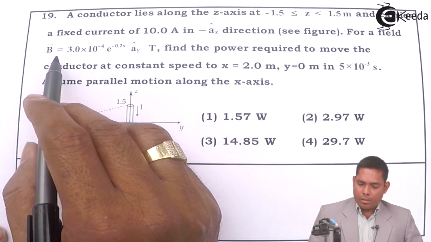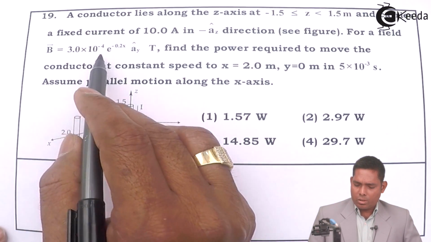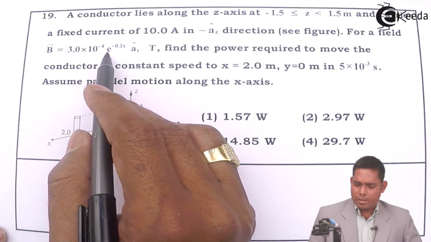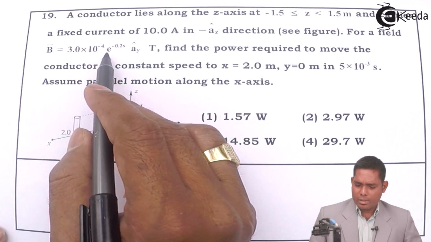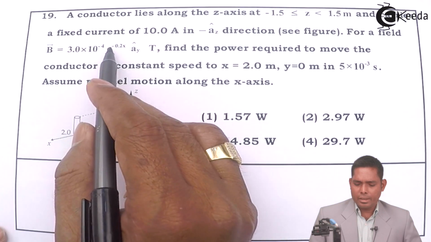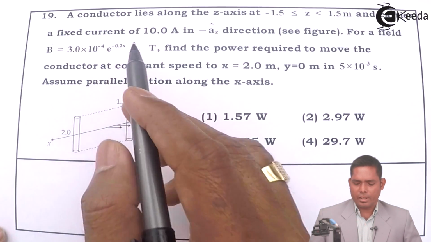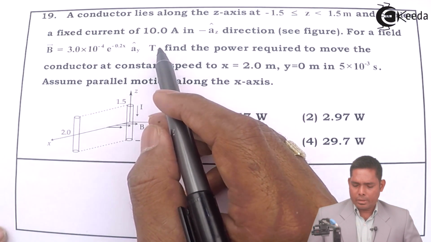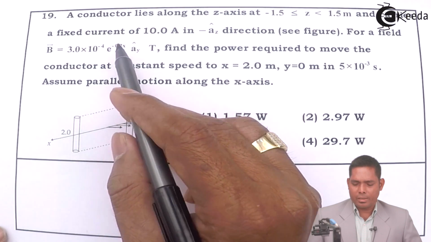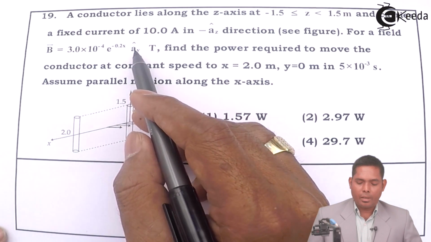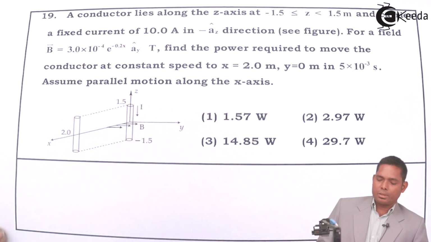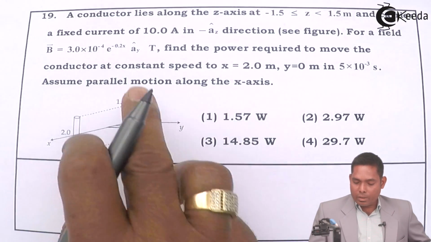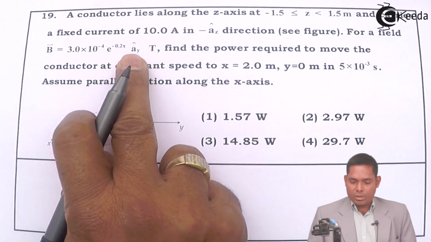For a field B equals some number times e raised to minus 0.2x, so it is an exponential, negative exponential of e raised to minus x type, and ay cap means the unit vector along the y direction.